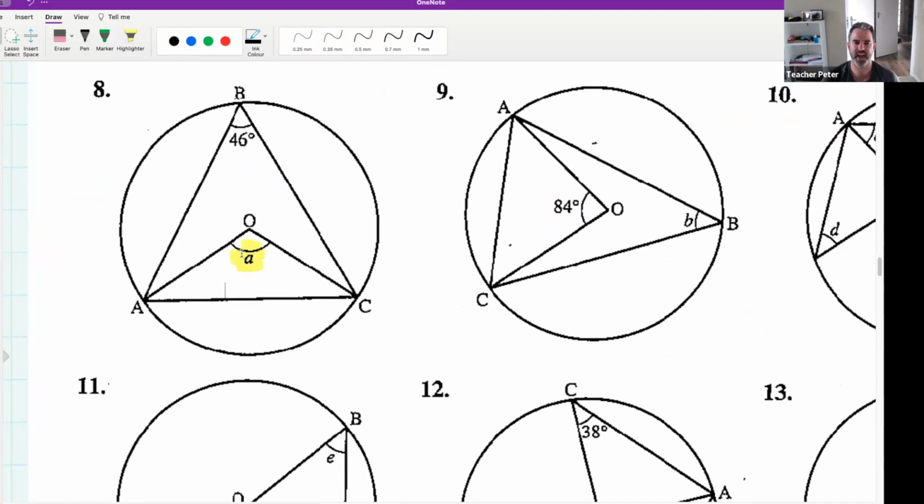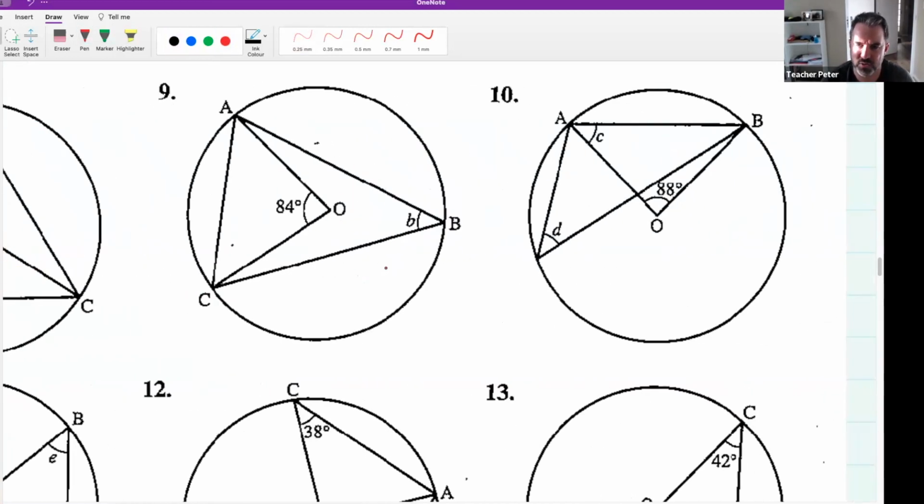What is the size of angle A in 8? So I look at the angle at the circumference, I'm going to double it, and I'm going to get 92. Okay, so you guys have kind of got that one.